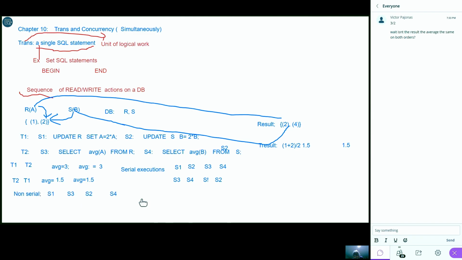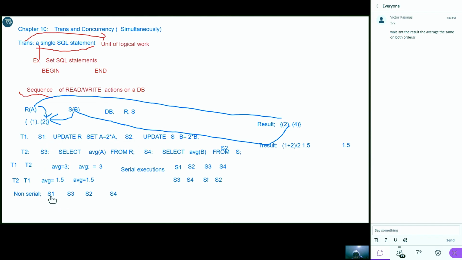Now, the first question is, is this a legal schedule? A legal schedule is a schedule where the actions from a set of concurrent transactions could be interleaved, but the actions of individual transactions must be preserved in sequence. Okay, so let's see. If we have transaction 1, S1 should happen first, then S2.